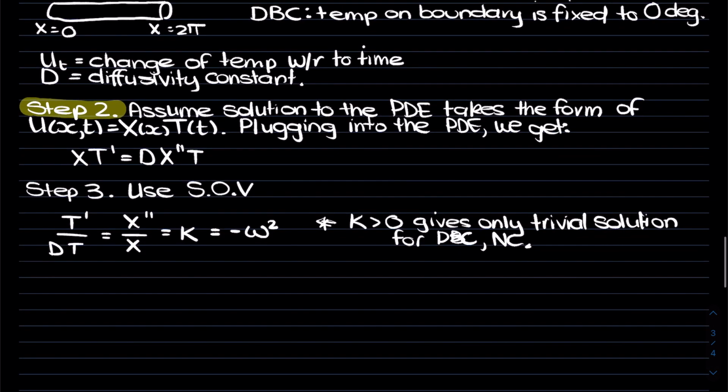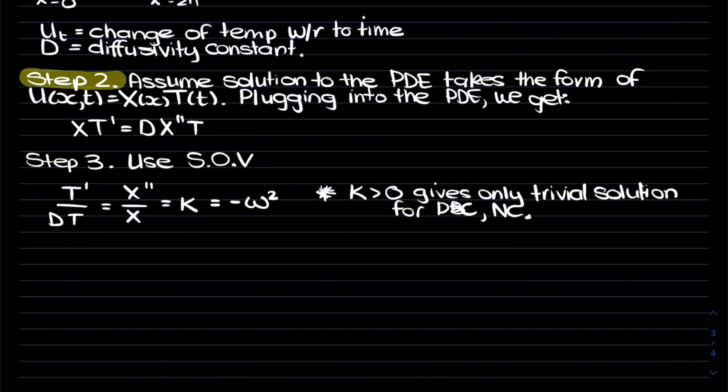That allows me to write negative lambda squared. You may have to prove this for yourself in class, or you can leave that as an exercise for you to do at home. So if we now use this equation here and rearrange it, we can get two ordinary differential equations from our original partial differential equation, and they take this form.